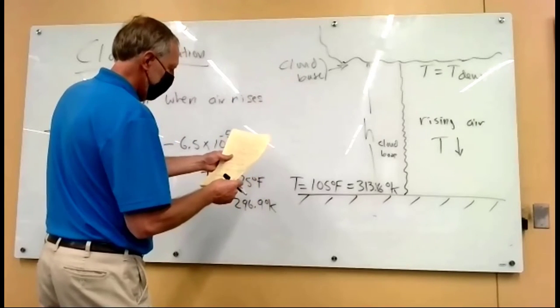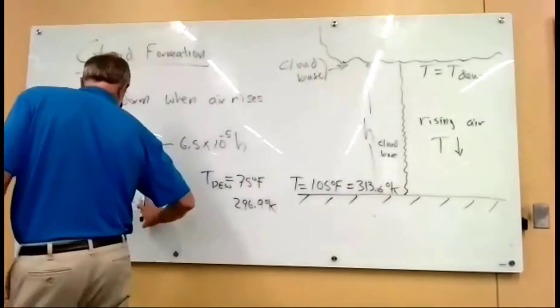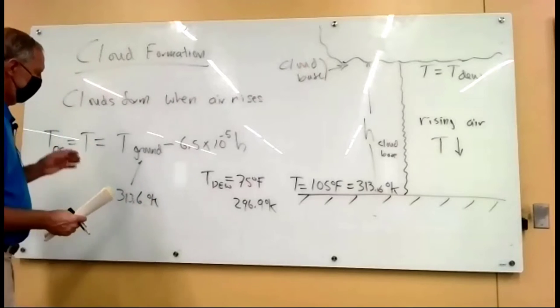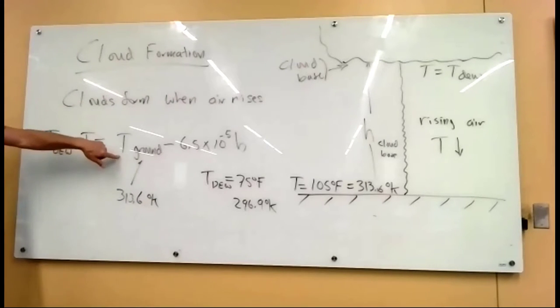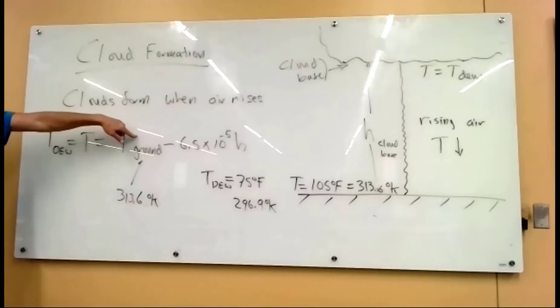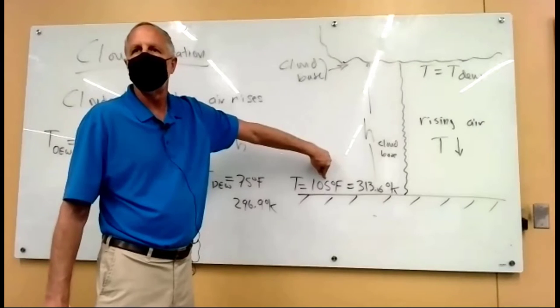I wrote 313.6. Well, this doesn't look like the formula I just wrote up where this was 200 and, what was it, 288? That's because that formula was standard atmosphere. This is not a standard day. It's way hotter than standard atmosphere at sea level.